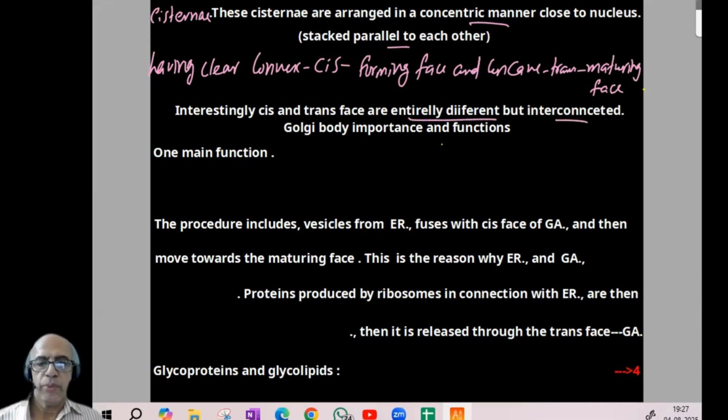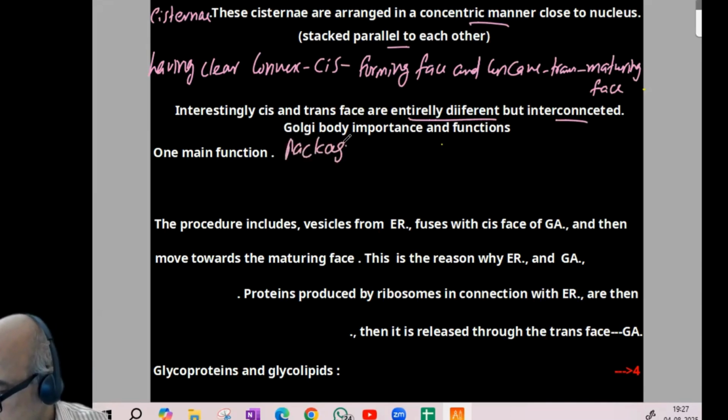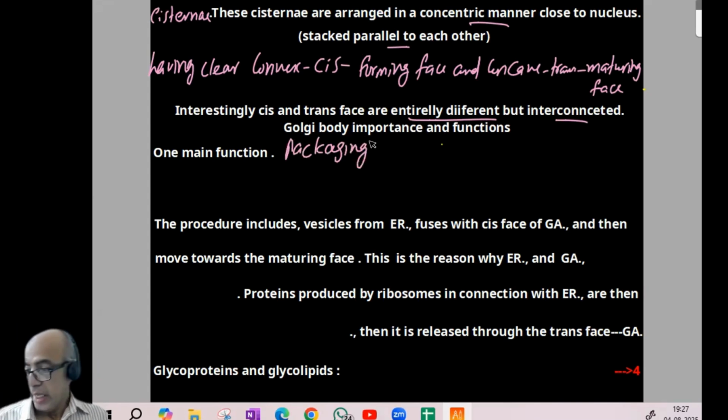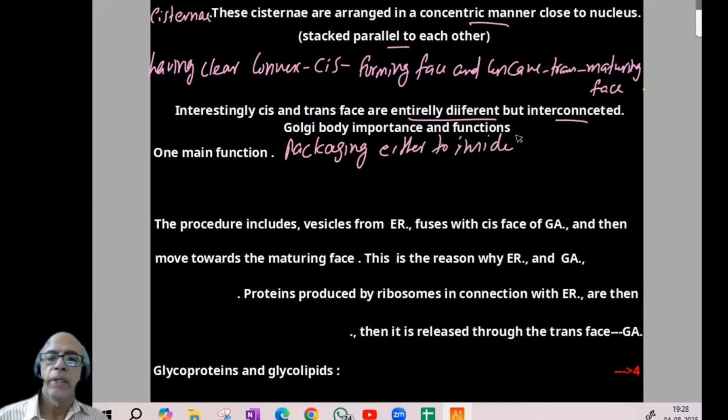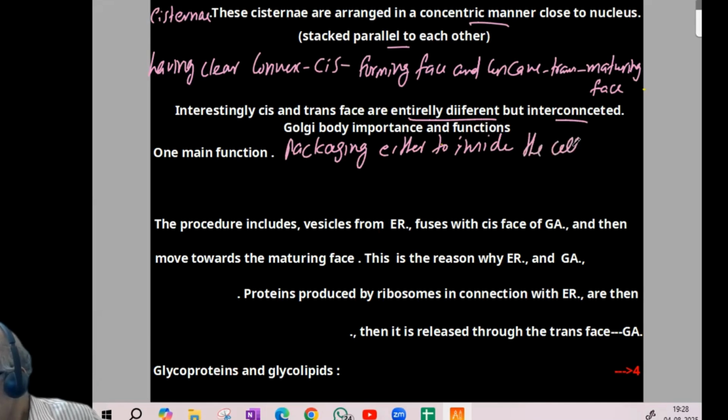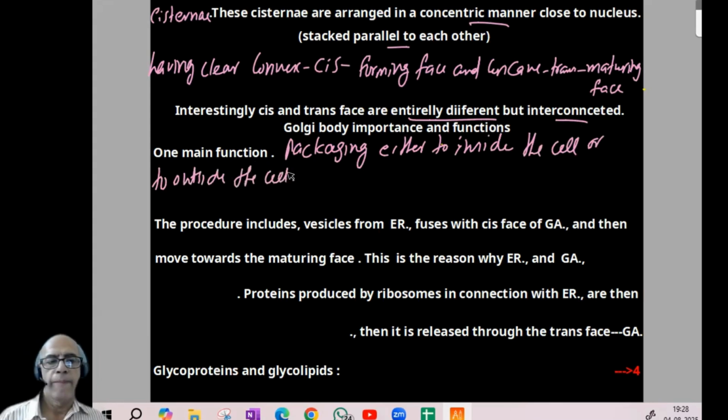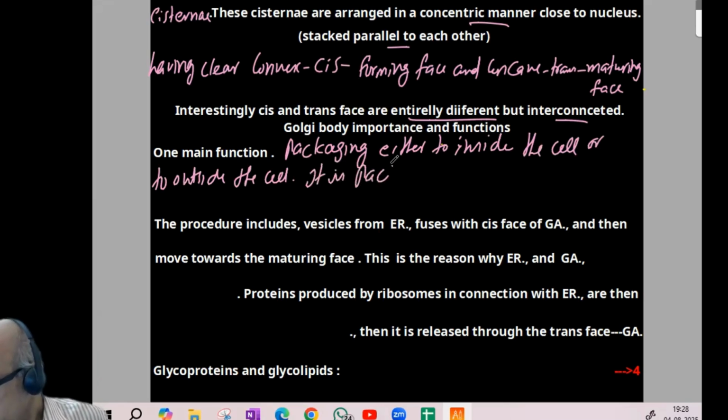What is the importance of Golgi body and its functions? One main function is packaging, either to inside the cell or to outside the cell. It is packed in vesicular form.